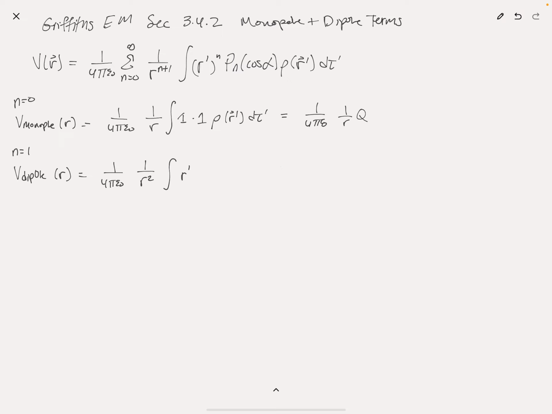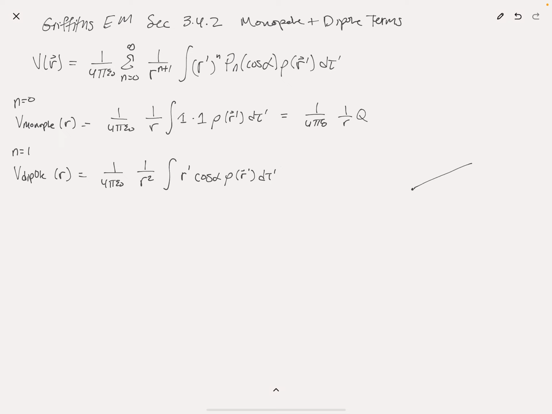My first Legendre polynomial is just the argument, so cosine alpha. Integral still has that charge density in it and the volume. Okay, so this is the dipole term. This doesn't look at all like what we saw previously. So let's go ahead and explore what r and r prime are representing again. See if we can simplify it.